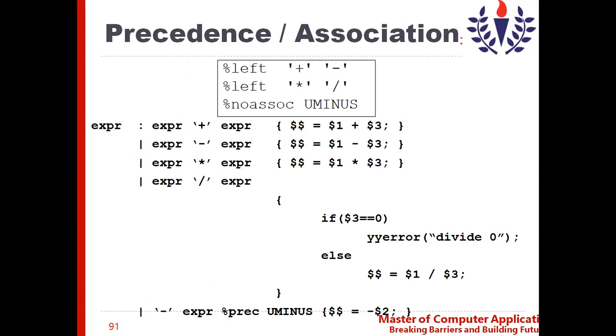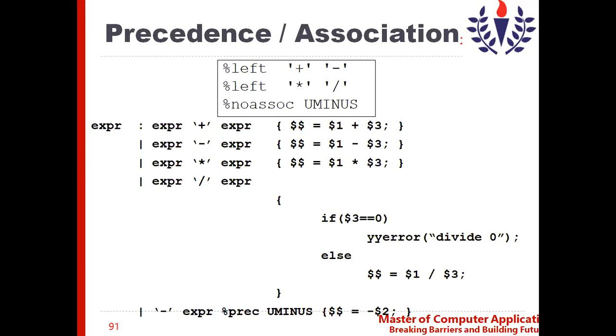Similarly, expr minus expr, then expr multiplication expr, and expr division expr, wherein in the action part, if $3 equals 0, so the denominator is 0, then the error function will be called saying divide by 0 error. If not, then $1 divided by $3.